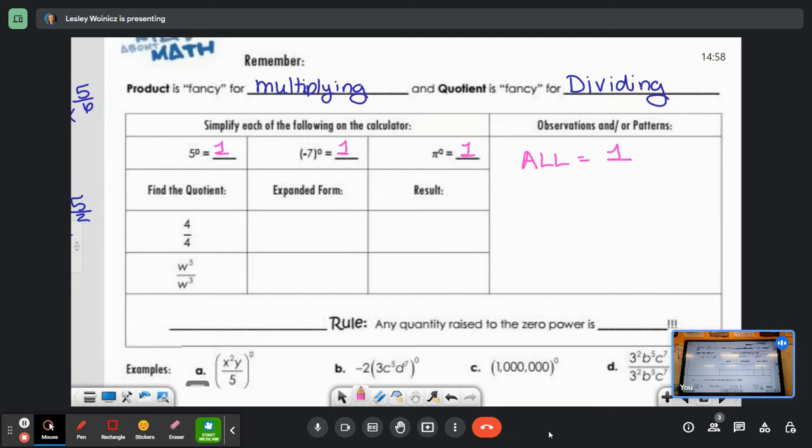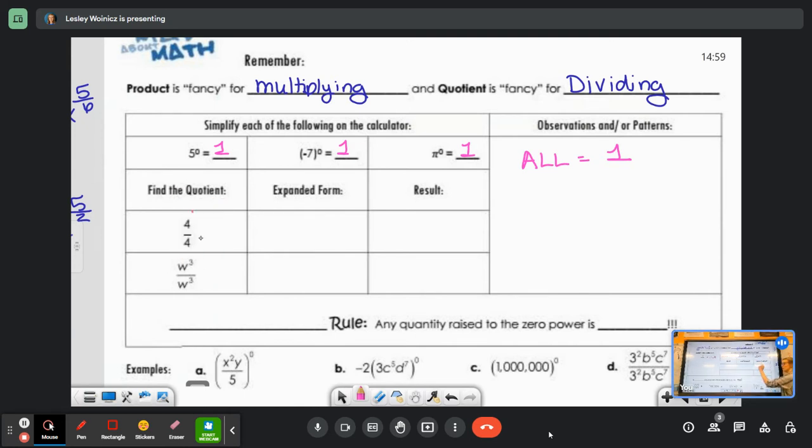So let's talk about why. Yesterday we learned about the quotient rule, and we just reviewed it before we started up the video. So the quotient rule says that if I have same bases and I'm dividing, I can just subtract my exponents instead of having to cancel everything. So what hidden exponents are on these 4s right here? 1s.